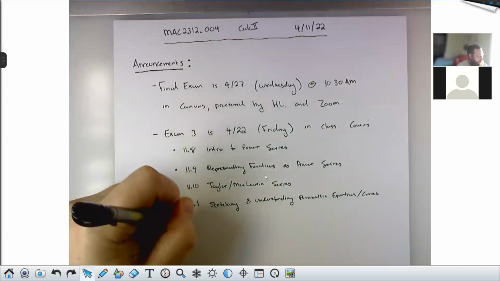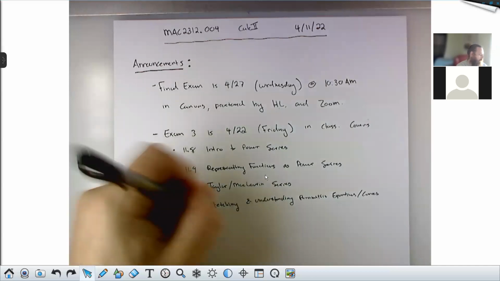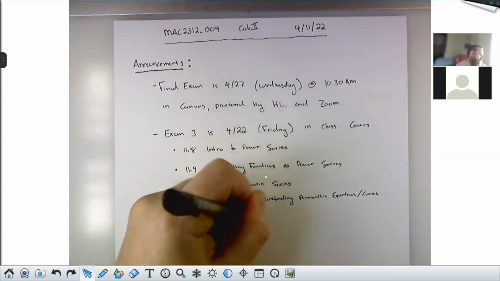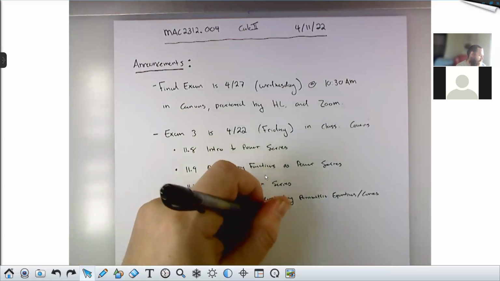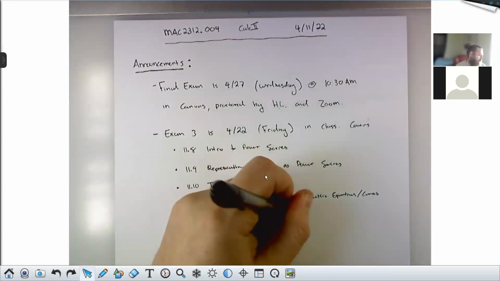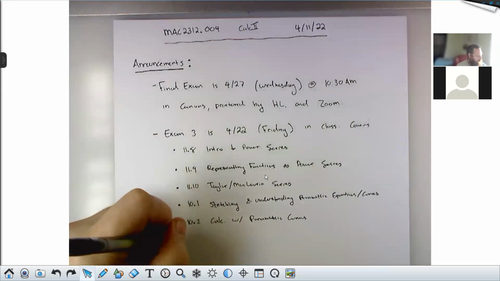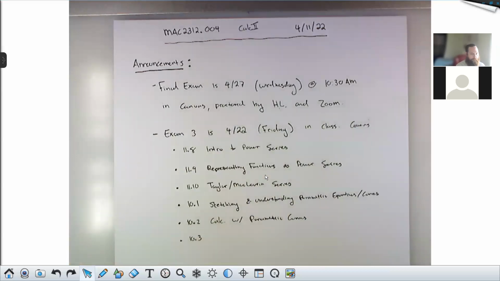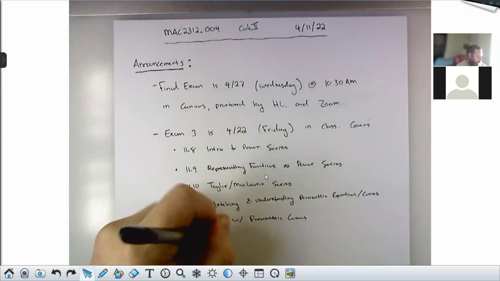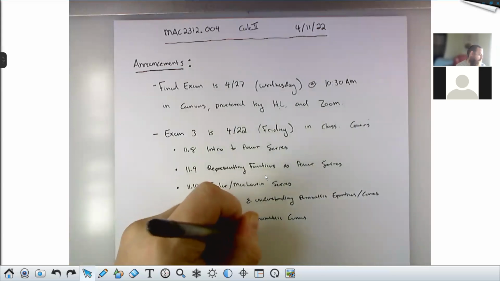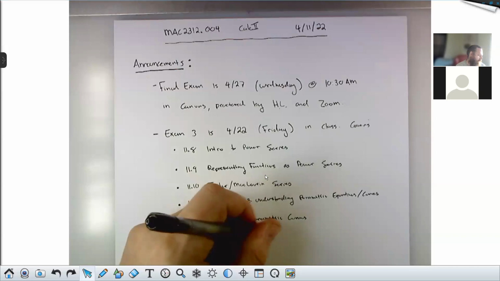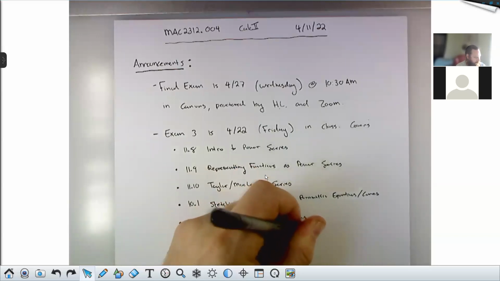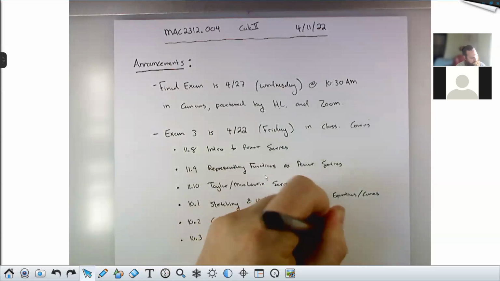10.2, which is what we've been talking about, which is on calculus with parametric curves. And then the other sections that are going to be on there are 10.3, which is on polar coordinates and sketching polar curves.